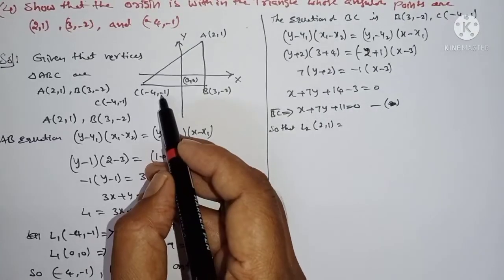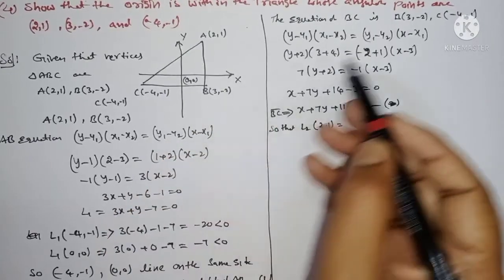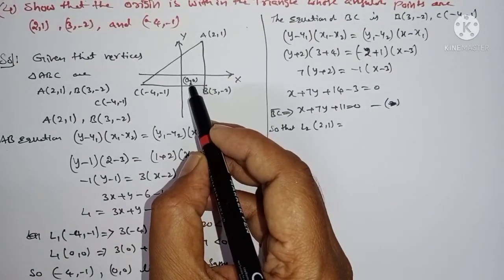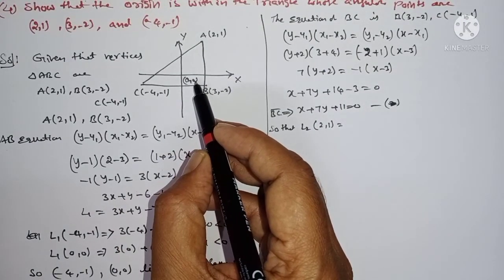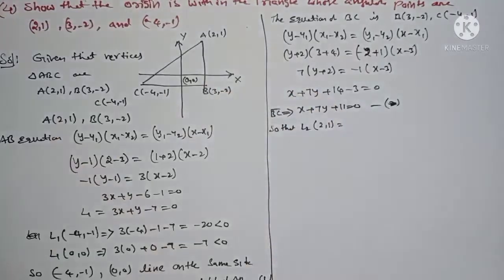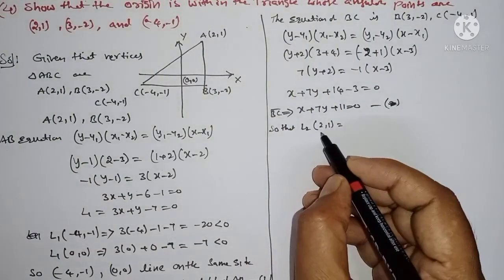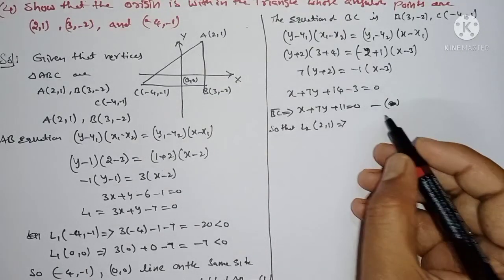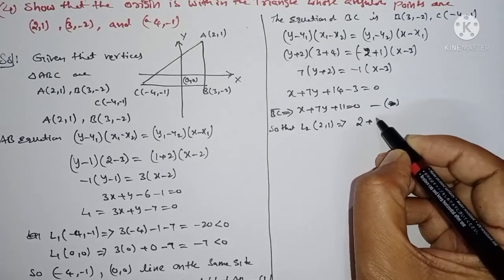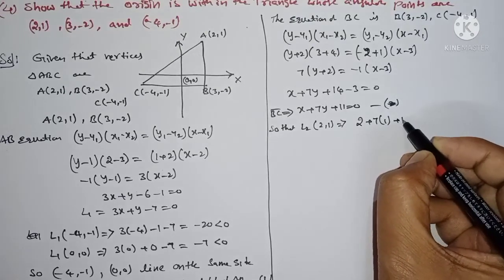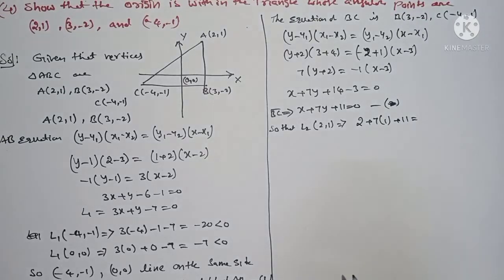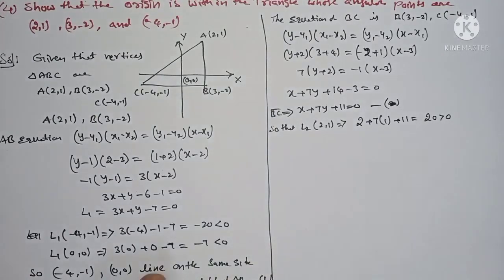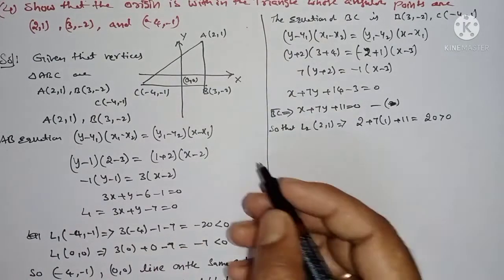What is the remaining points here? 0 comma 0 is as it is, and 2 comma 1. Therefore L2 of 2 comma 1, you can substitute here. That is 2 plus 7 into 1 plus 11. How much is it? 9 plus 11 is 20, which is greater than 0. Previously you got minus, but here you got 20.